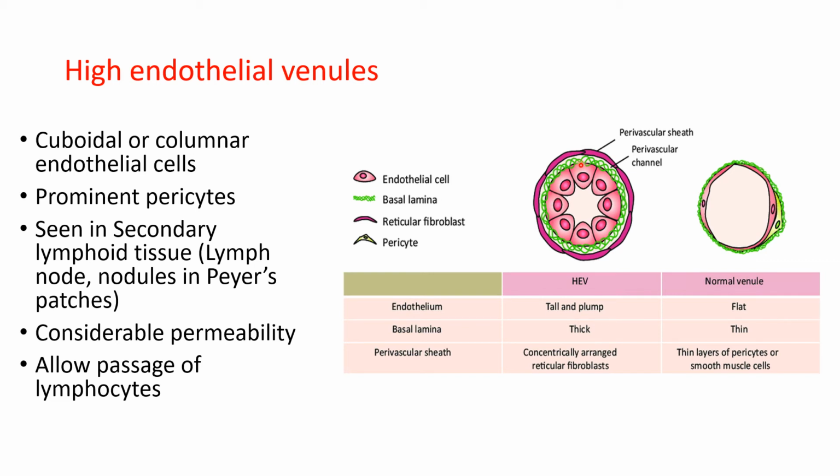Outside the endothelium, a prominent pericyte sheath is also there. These high endothelial venules are seen in secondary lymphoid tissues such as the lymph node. These venules have a special property, that is, they have a considerable permeability and they allow the passage of lymphocytes into the lymph node.